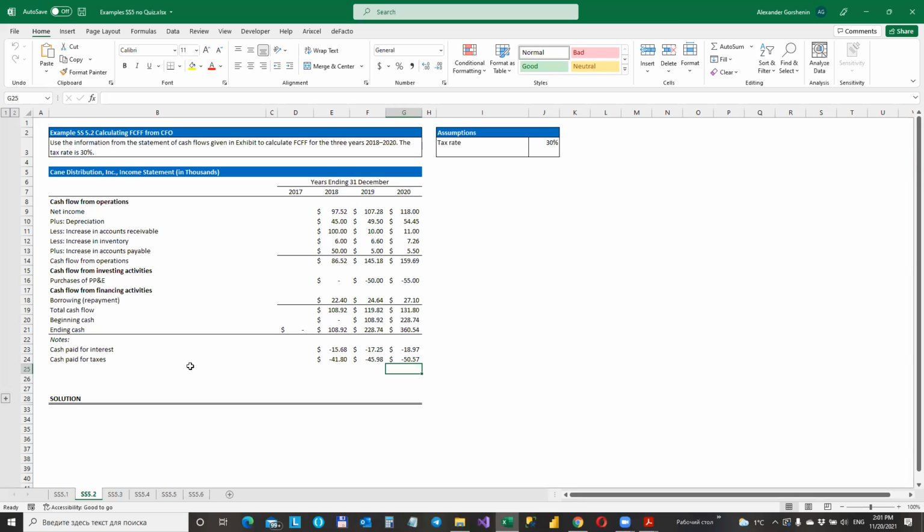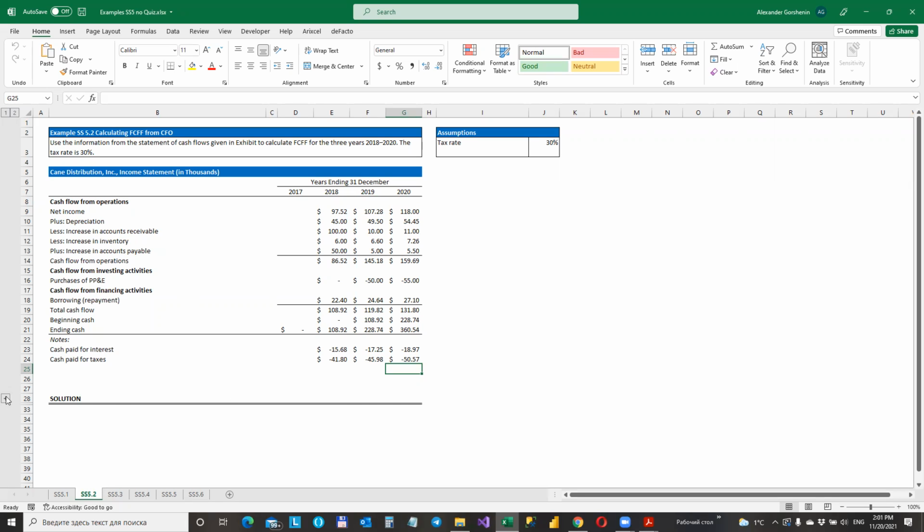This presentation, known as the indirect method because it derives operating cash flow indirectly from net income via adjustments, is the most common presentation of the statement of cash flows.